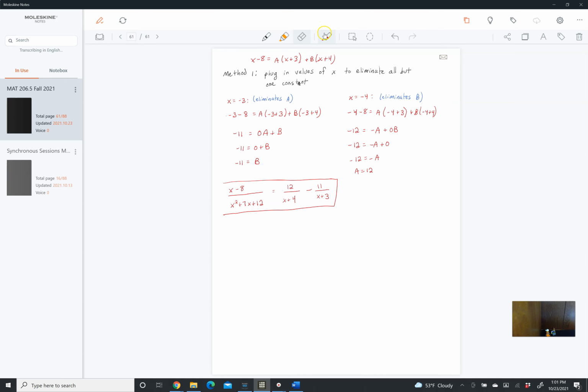Now, if we want method 2, method 2 is going to equate coefficients, so we're going to distribute.